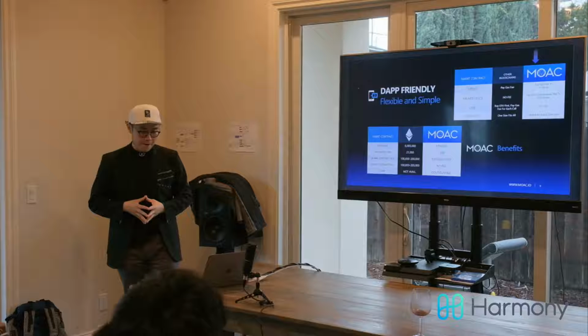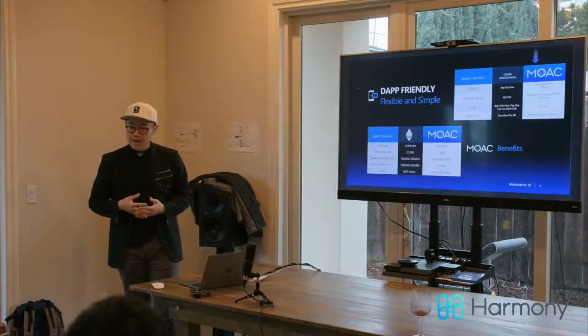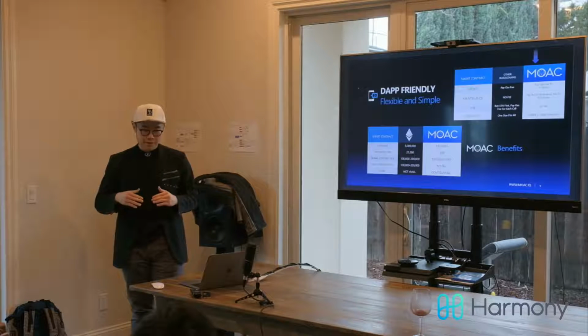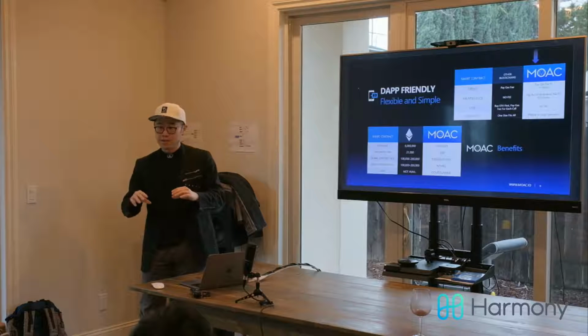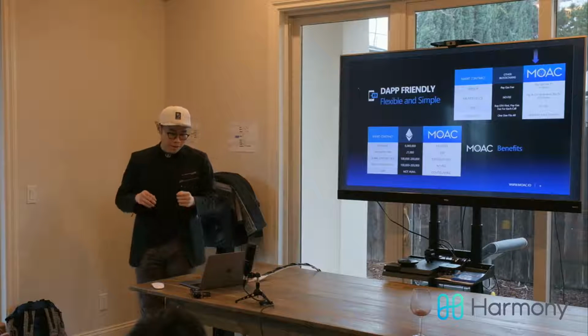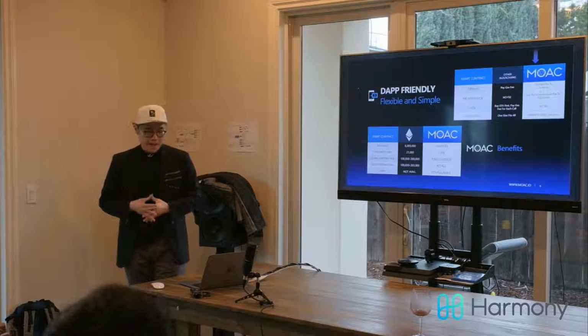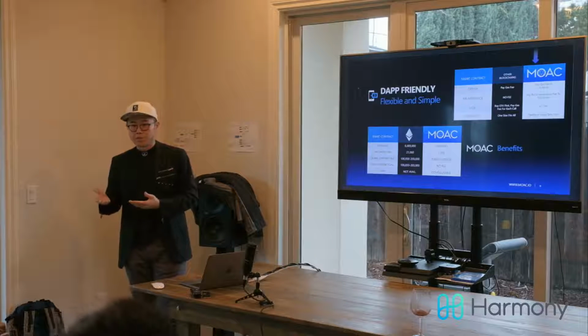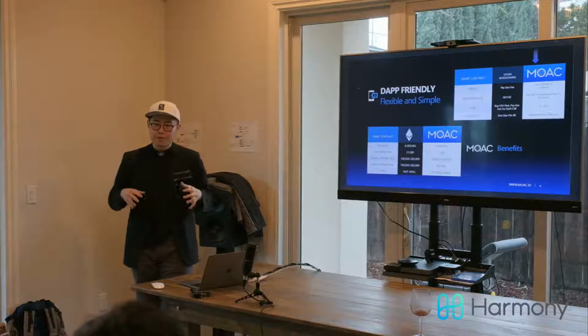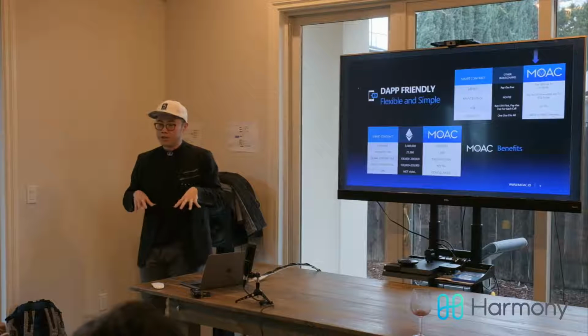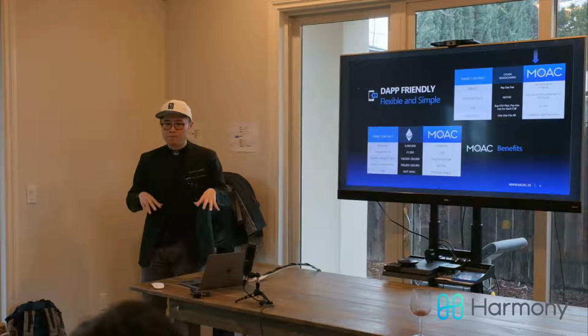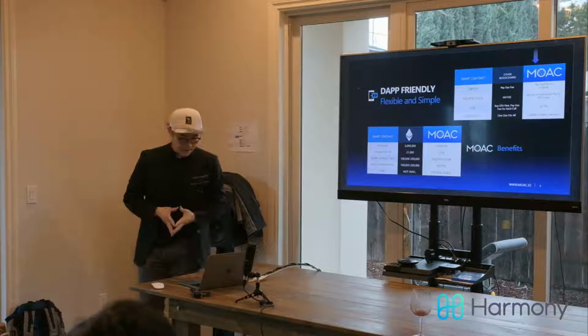On the gas fee side, since we have eliminated smart contract processing from the lower layer, we can offer a much lower gas fee compared to Ethereum. And on the upper layer, as I mentioned before, it's free for the users, but the developers are responsible for paying their miners.